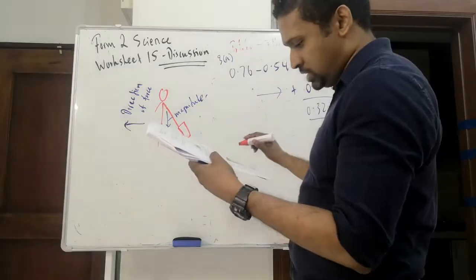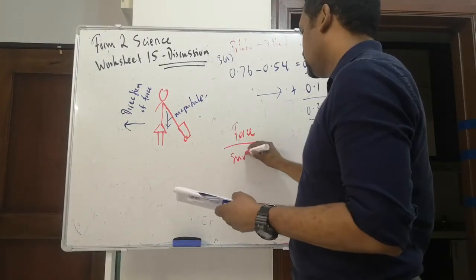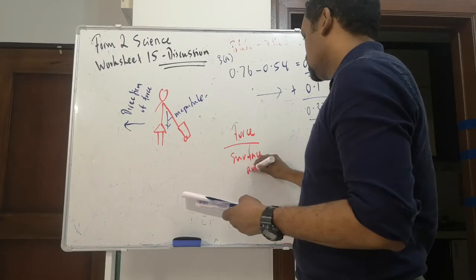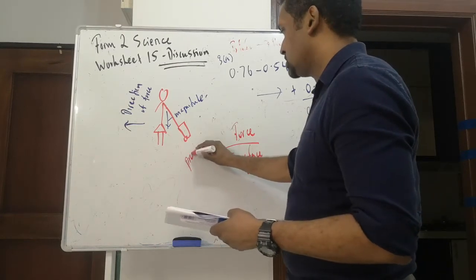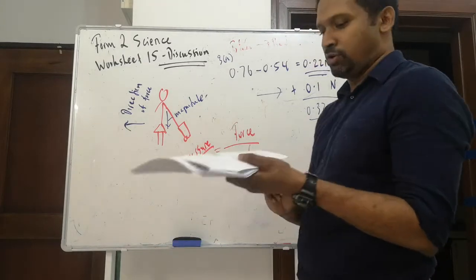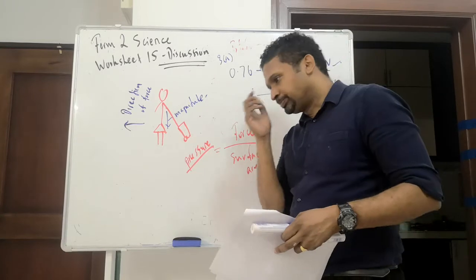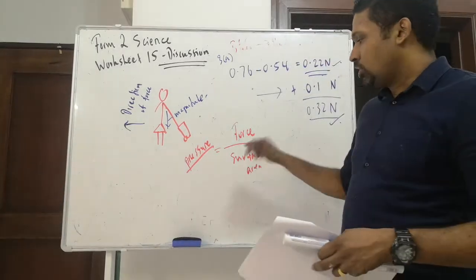So what is the formula for pressure? Pressure is force over surface area. Then what does that mean, guys? Same force, smaller surface area.